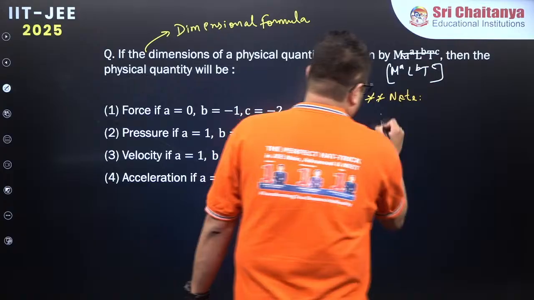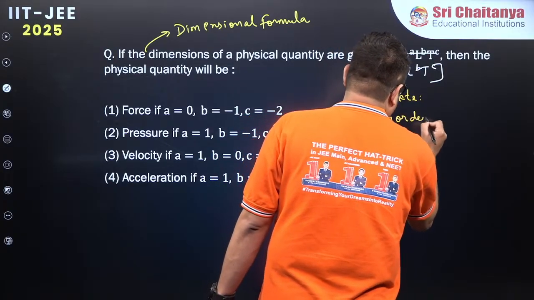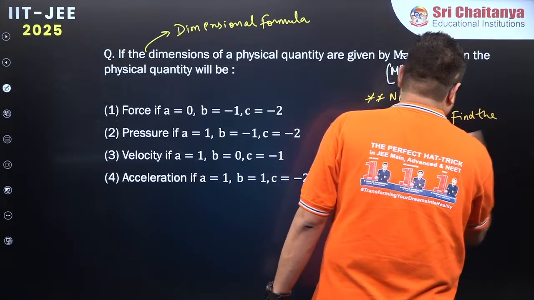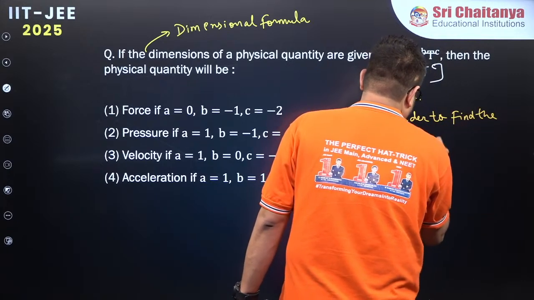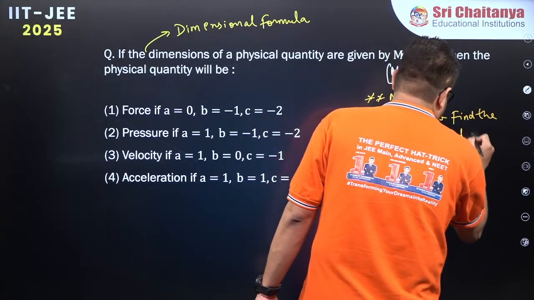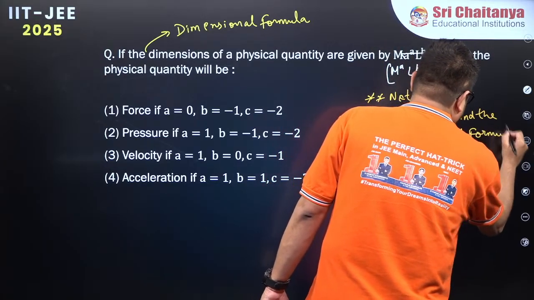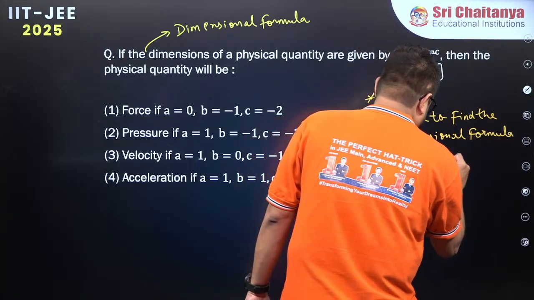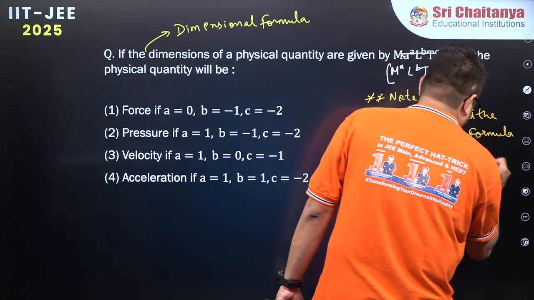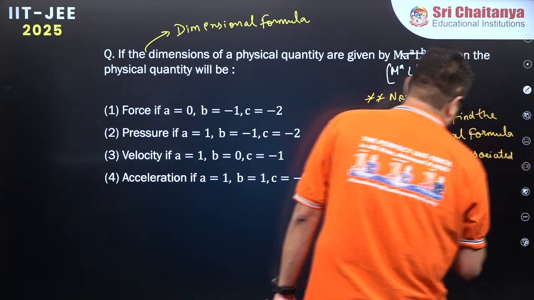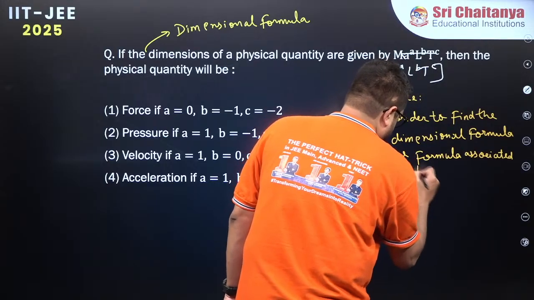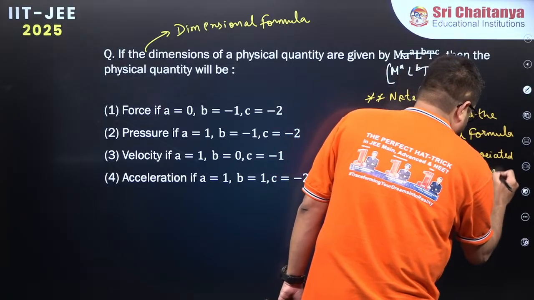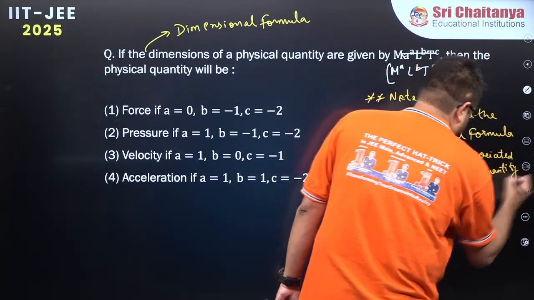In order to find the dimensional formula of the physical quantity, the formula associated with the physical quantity should be known to us, isn't it?